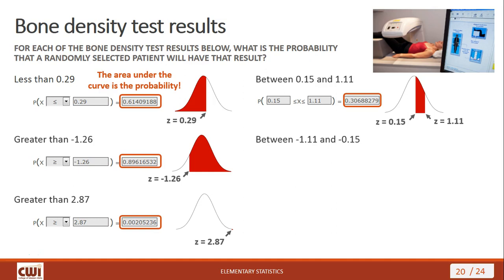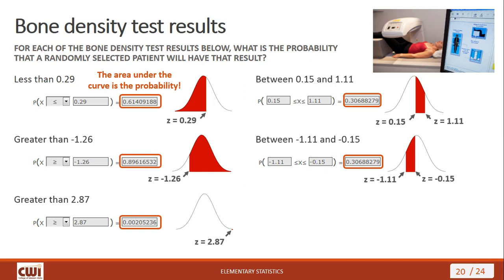So we want the probability between negative 1.11 and negative 0.15. So here we have, if you do this properly, a probability of 0.306, so on and so forth.